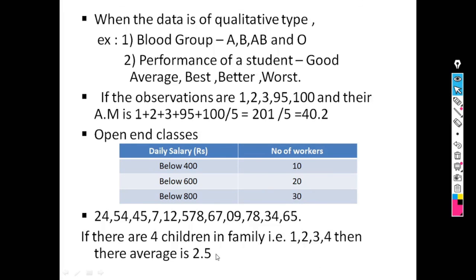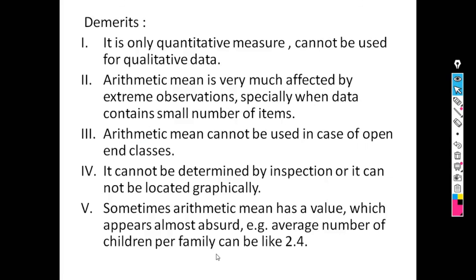So the average is 2.5 and we cannot say there are 2.5 children or 2.4 children in a family. So average cannot be meaningfully interpreted for this type of data. So this is also the drawback of arithmetic mean. So these are the demerits of arithmetic mean.